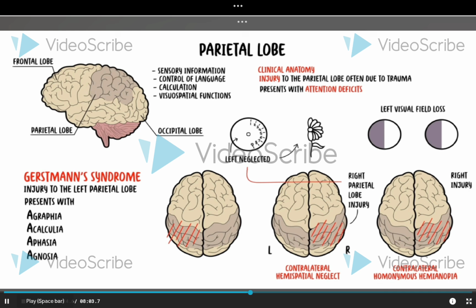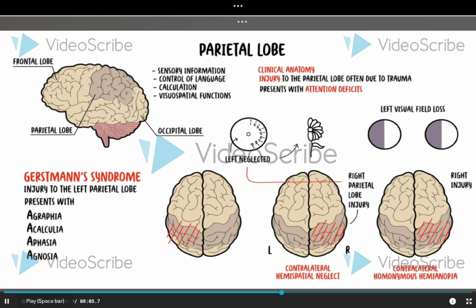Regarding clinical anatomy, damage to the parietal lobe can result in attention deficits, causing difficulty focusing on specific tasks, left neglect, left visual field loss. Gerstmann syndrome occurs due to left parietal lobe damage, and it's characterized by agraphia, difficulty in writing, acalculia, unable to perform arithmetic calculation, aphasia, language difficulty, agnosia, unable to recognize objects or people.